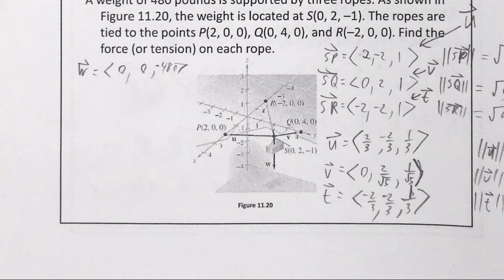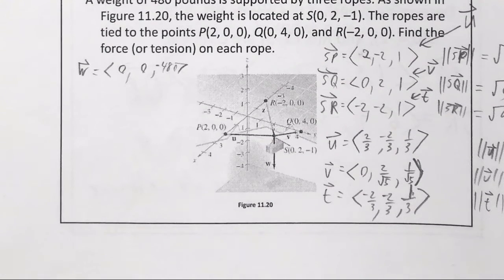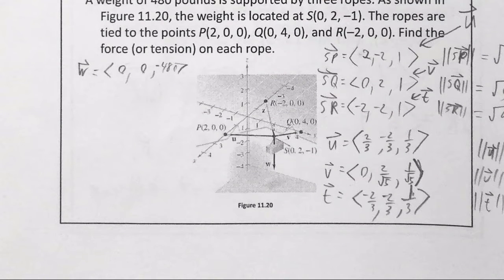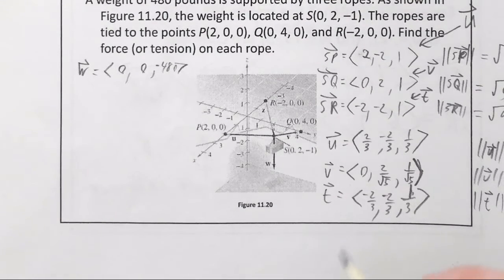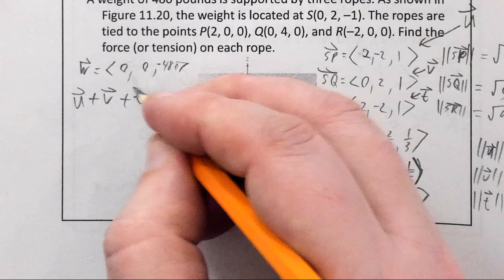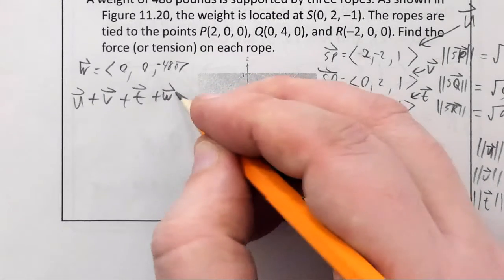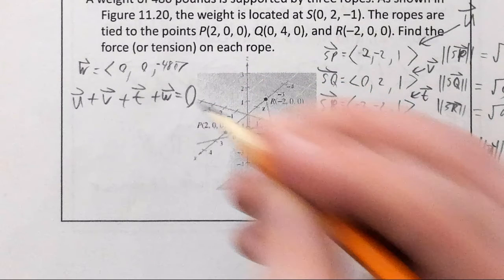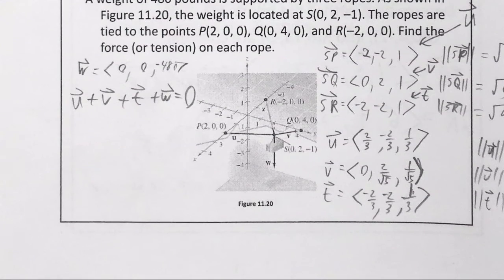Well, what is the relationship between all those vectors? What should they ultimately do? If the object is stationary, not moving, what should their combined forces be? 0. So the idea is I want to take these forces and add them all up: vector U plus vector V plus vector T plus W vector, equal to nothing happening.